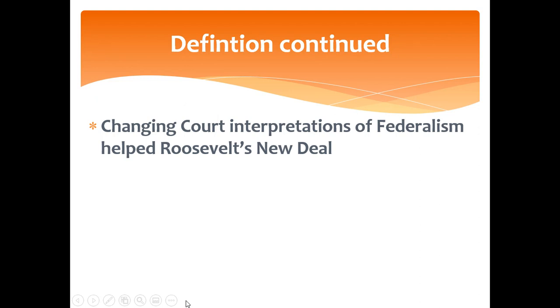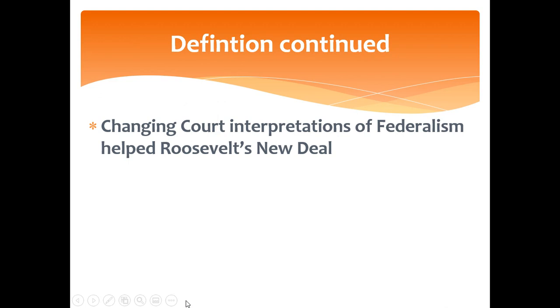We have to be really, really careful here because it is not spelled out which power belongs to which level of government. If we look at reserve powers, any powers not given to the feds are reserved for the states. Except that we know under Article 1, Section 8, the Necessary and Proper Clause, this allows Congress to expand their power beyond what is written in the Constitution.